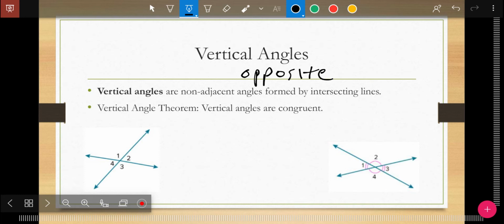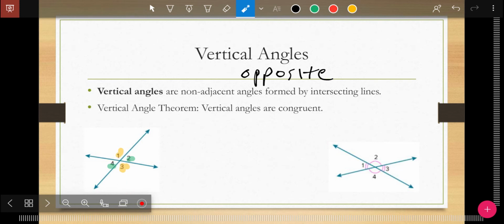In this example, angles 1 and 3 are vertical angles, and angles 2 and 4 are vertical angles. They share the vertex, but they're opposite, or across from each other.